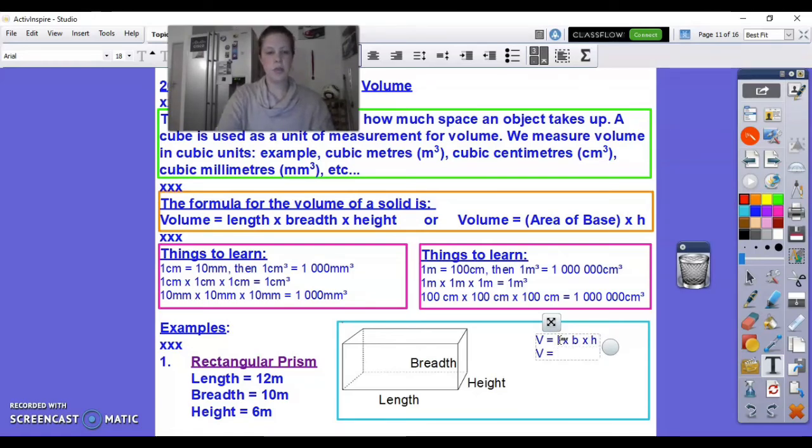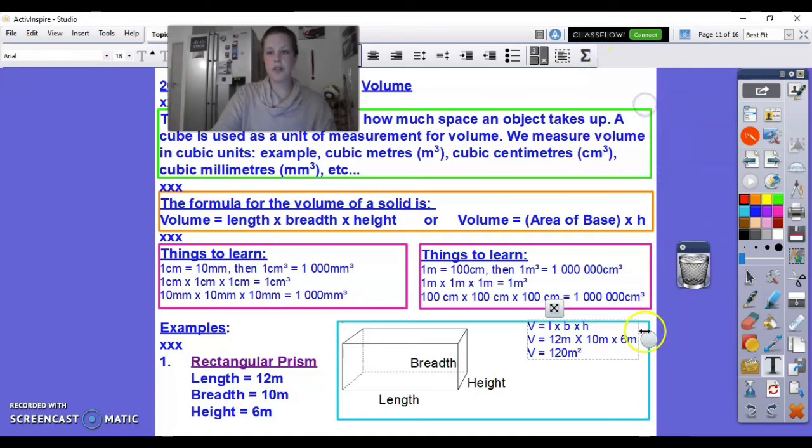So this is a pretty easy one. Volume is equal to, what is our length? 12 meters. Our breadth is 10 meters. And our height is 6 meters. If I multiply all of these together, I will get 120 meters squared.